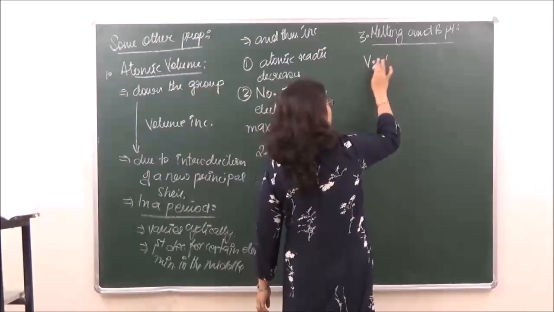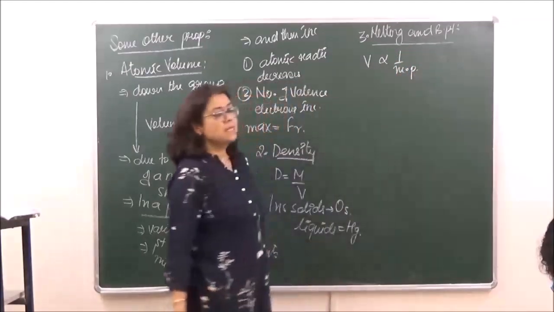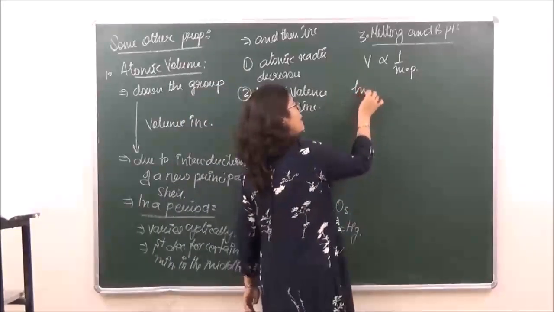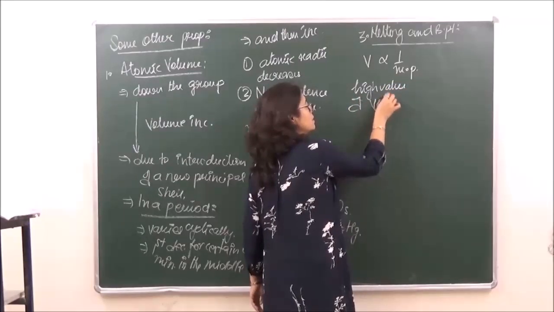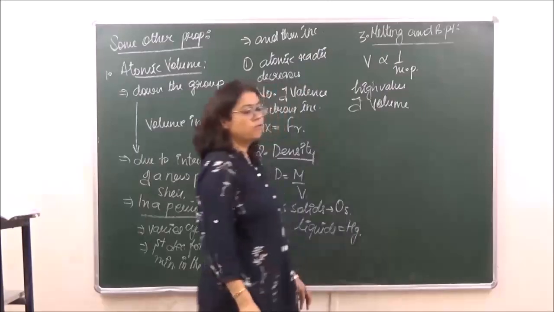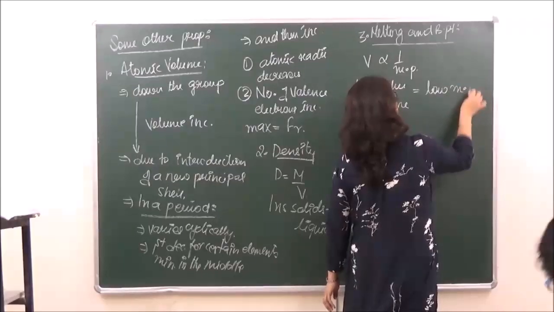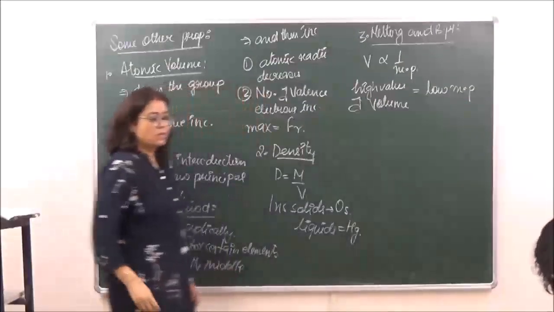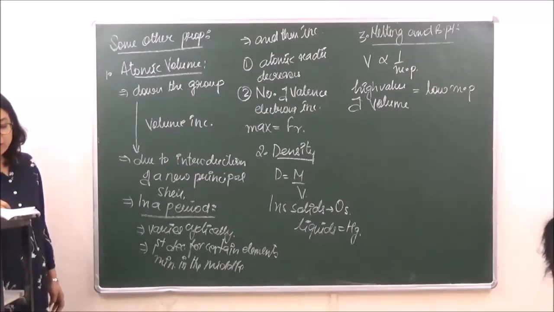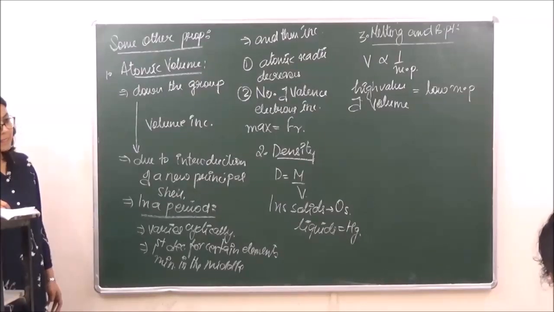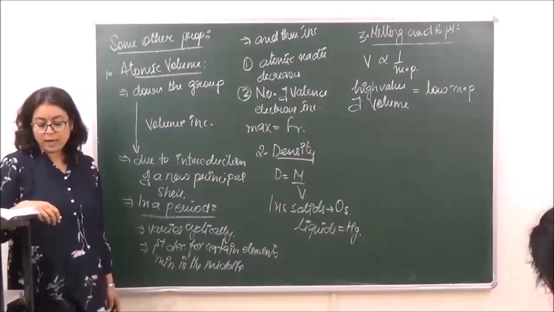So volume is inversely proportional to melting points, which means कि all the elements which have a high value of volume, they are going to have low melting points. ठीक है? अगर वॉल्यूम ज्यादा होगी तो जो melting points होंगे they are going to be less. Is it clear? And vice versa. If the volume is going to be low, then the melting point is going to be high.